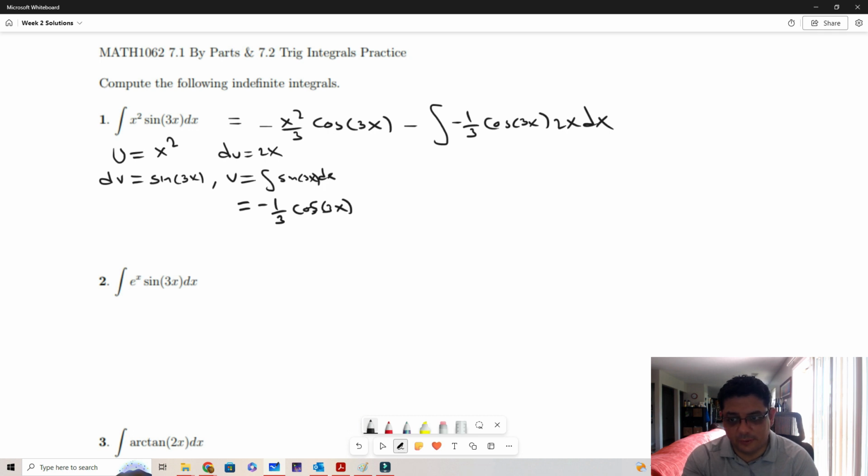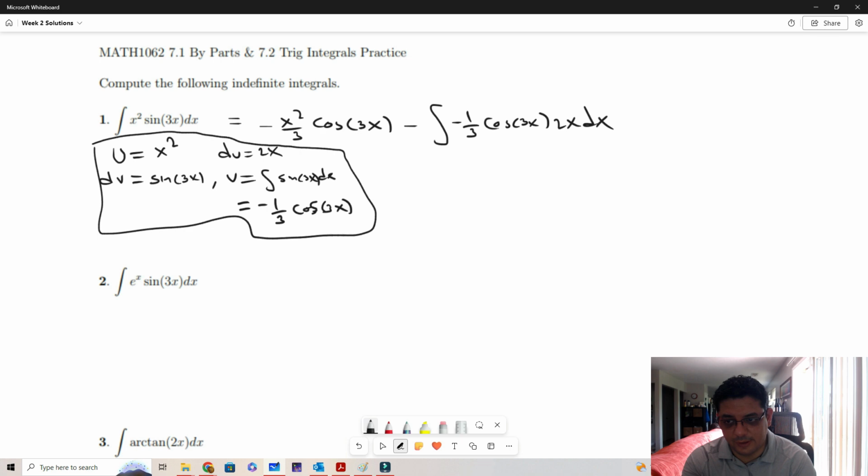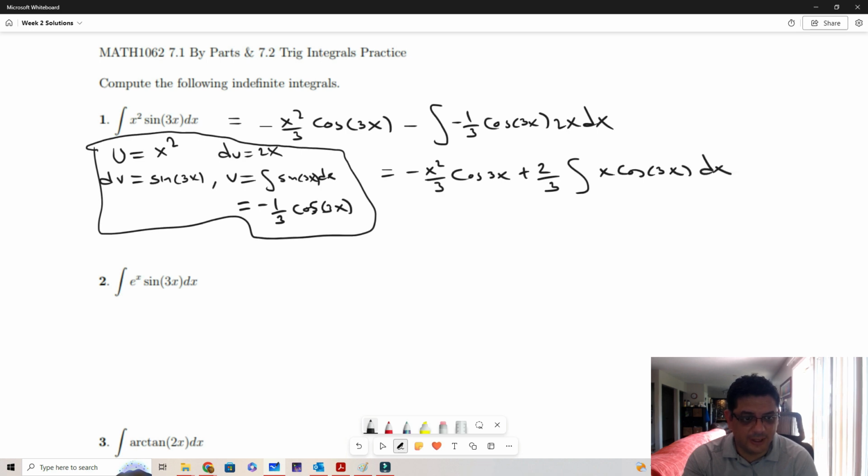We can, of course, simplify that. Let's put this in a box. This is going to be minus x squared over 3 cosine of 3x, and then the minus and minus is a plus, so you're going to have here 2/3 of the integral of x cosine of 3x dx.